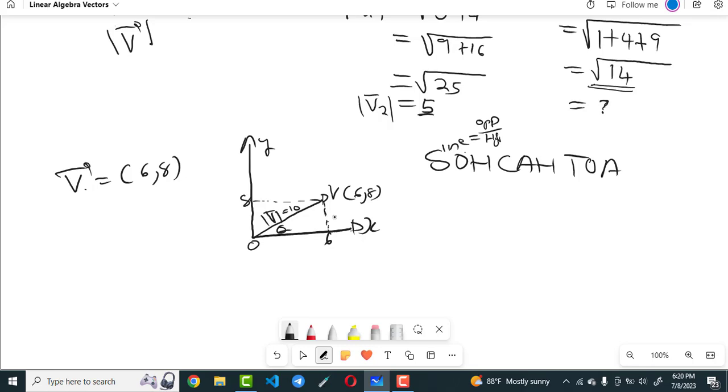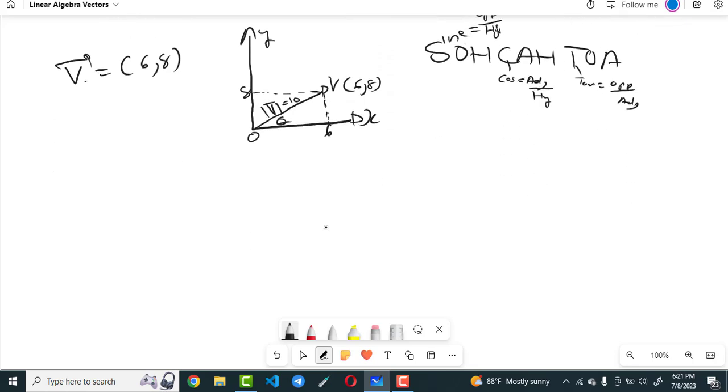We have the opposite side, which is 8, the adjacent side, which is 6, and the longest side, which is 10. Cos is adjacent over hypotenuse, and tan is opposite over adjacent. So these formulas can help you find this angle using trig ratios.